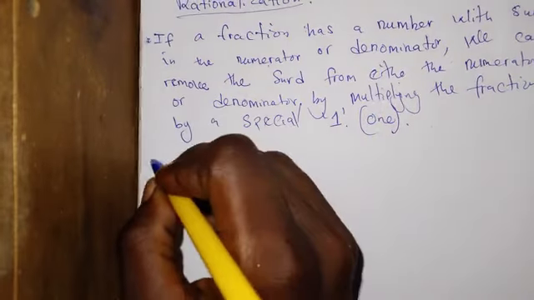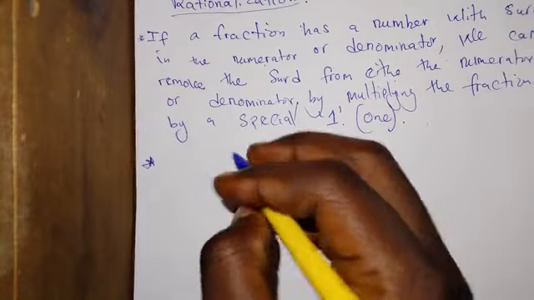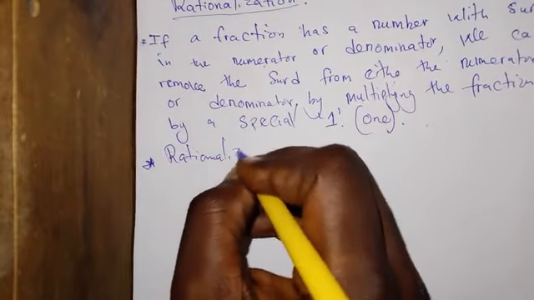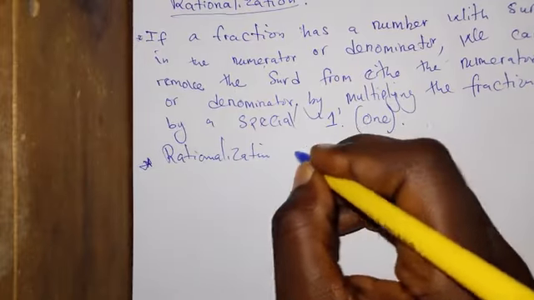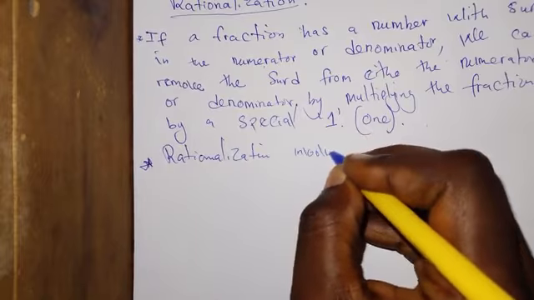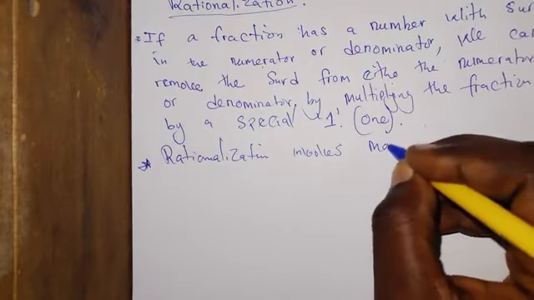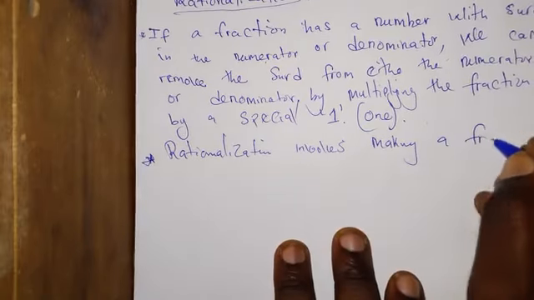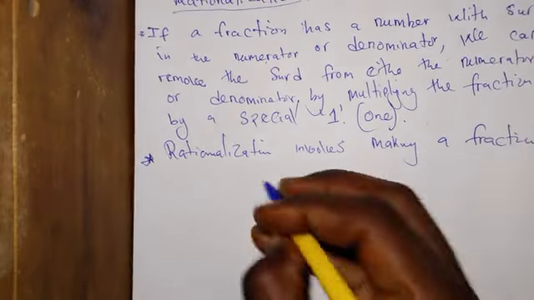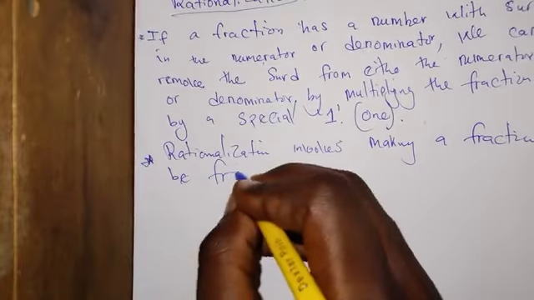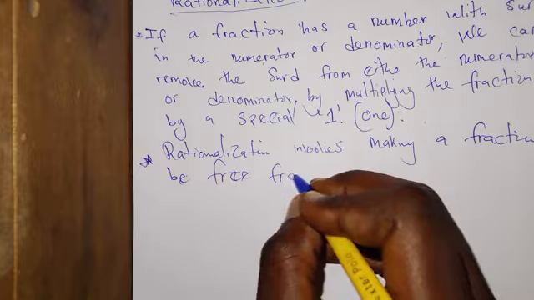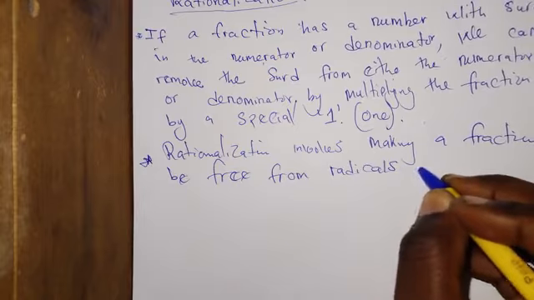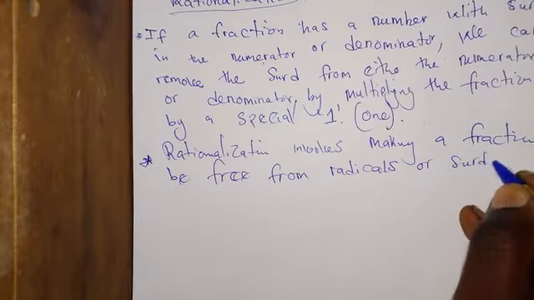So basically what we're trying to say is that rationalization involves making a fraction be free from radicals or surds.